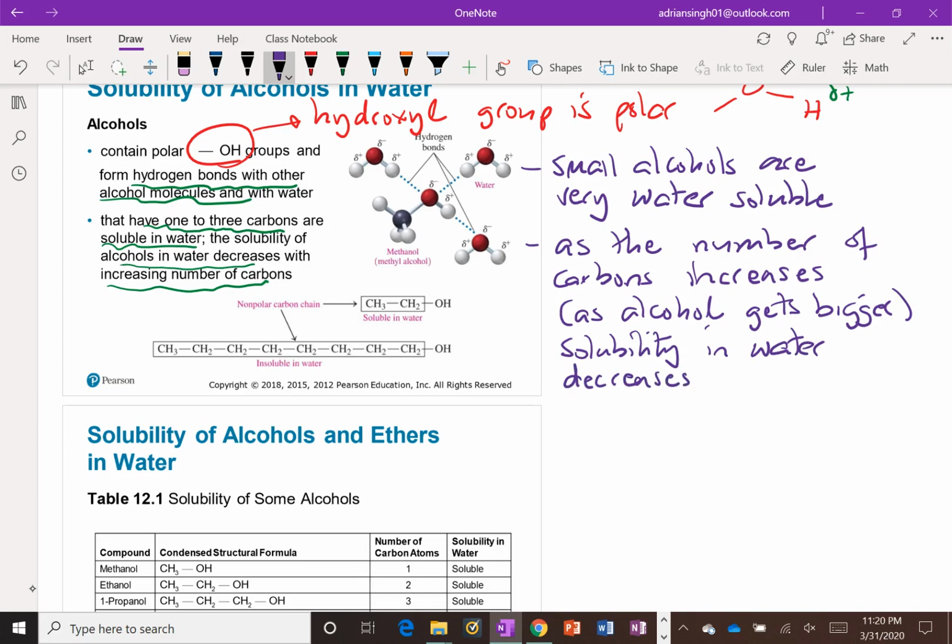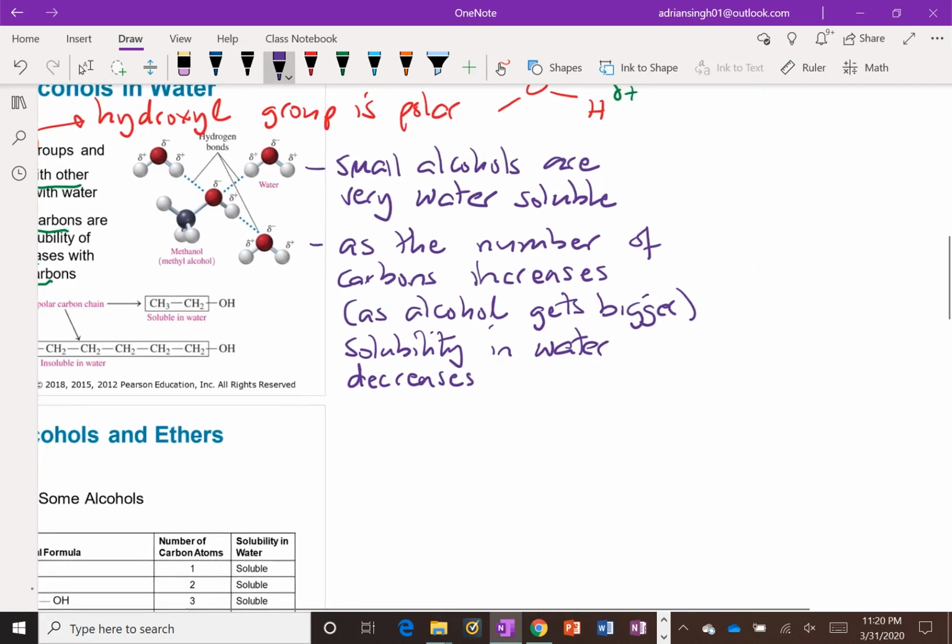And the reason for that is pretty simple. It boils down to that rule we talked about back in chapter 9, which was like dissolves like.